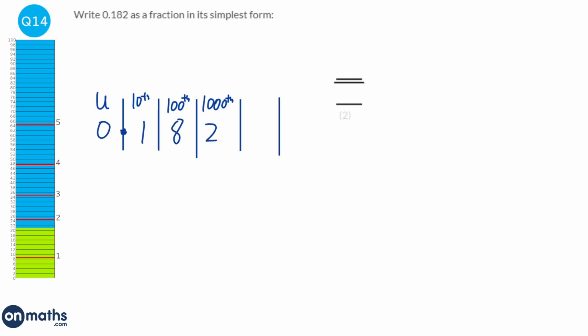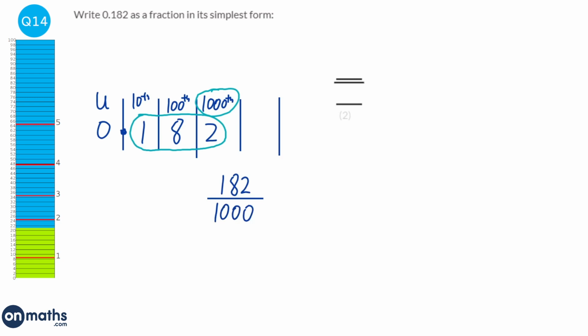Now if you read off the number, it's 182 thousandths. So you would just look at where the last digit is and look at what column it is, and reading the digits from left to right, you can put that number, 182, over that last column, 1000.